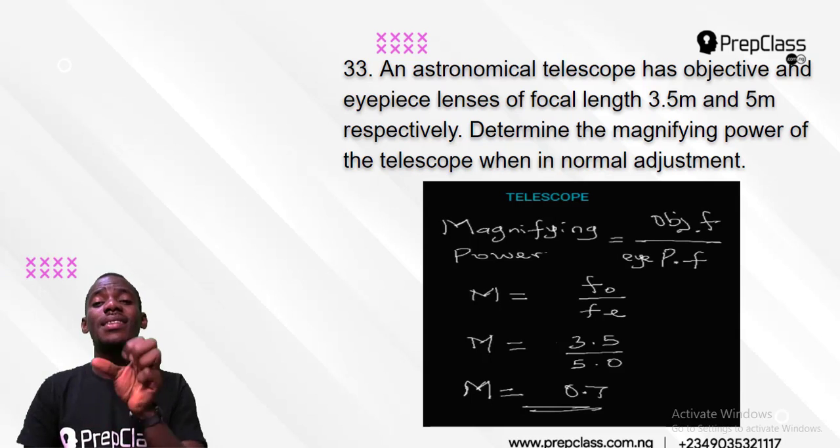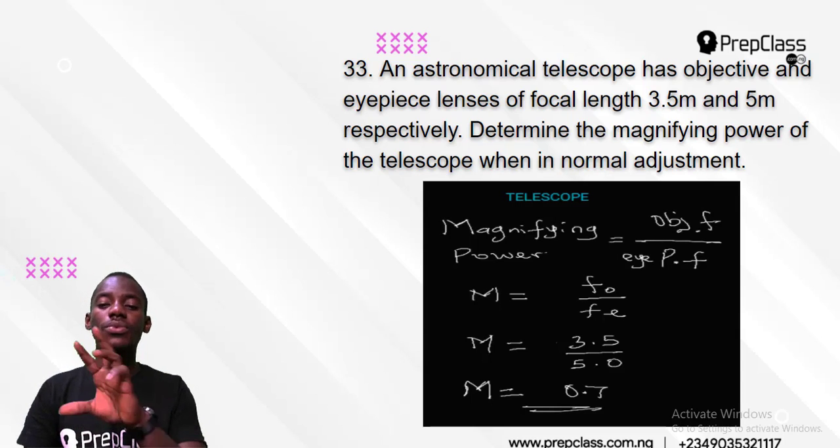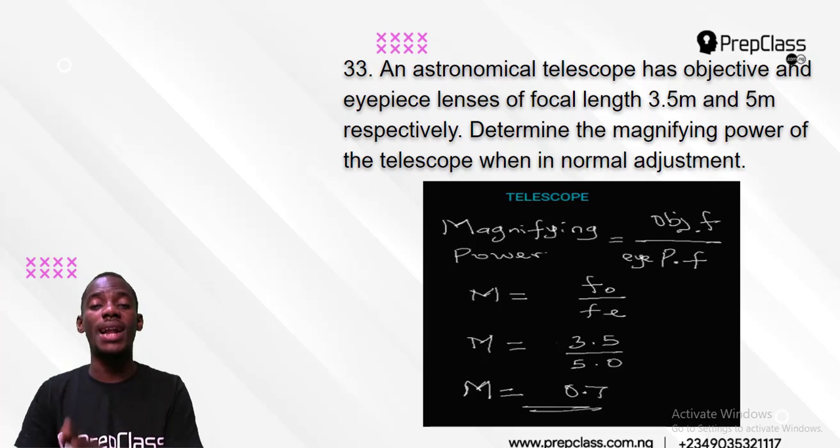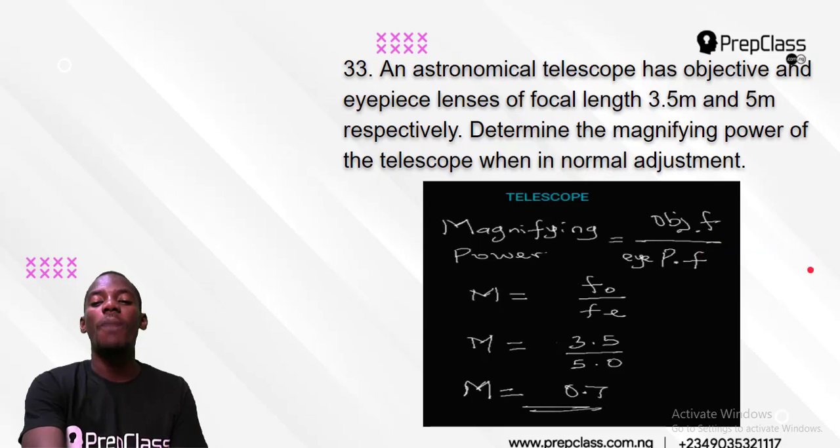This telescope uses this formula: the objective focal length over the eyepiece focal length is the magnifying power of the telescope. So I will put my F of the objective over the F of the eyepiece.